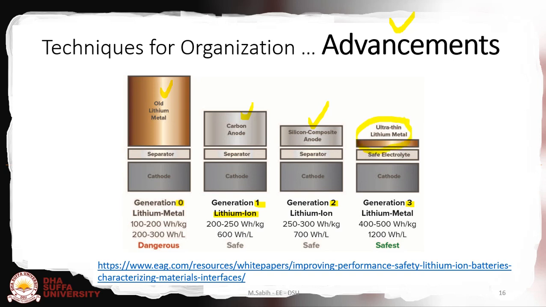So based on advancements, you are presenting from initially generation 0, which was quite dangerous, to this level of safest lithium-ion batteries. So this is another way of arranging the development in the literature review based on the advancements.